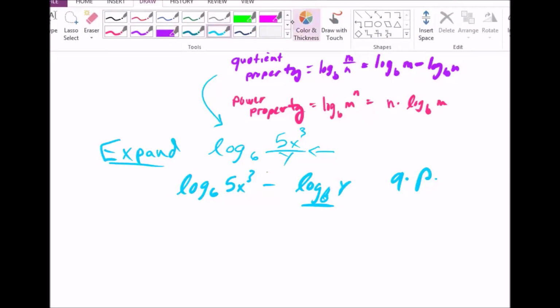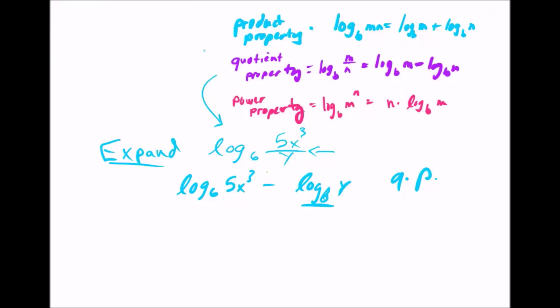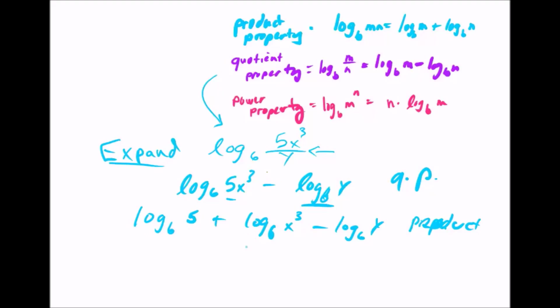Now we're going to use the product property to break that apart. We write log base 6 of 5 plus log base 6 of x cubed minus log base 6 of y. That's the product property, just because 5 is being multiplied by x cubed, so it's really the log of 5 plus the log of x cubed. We have one more thing to do: we have a power here.